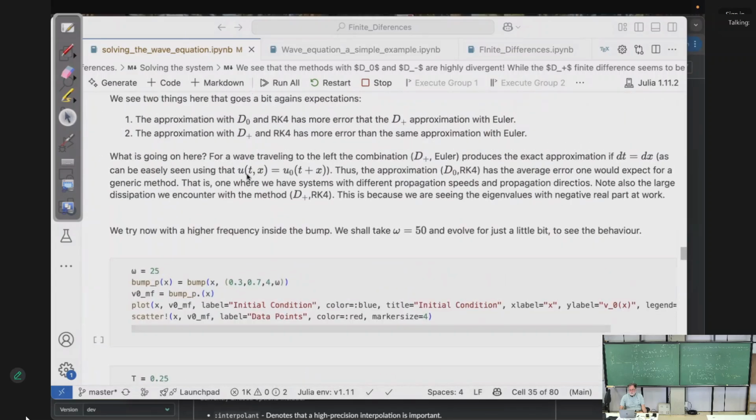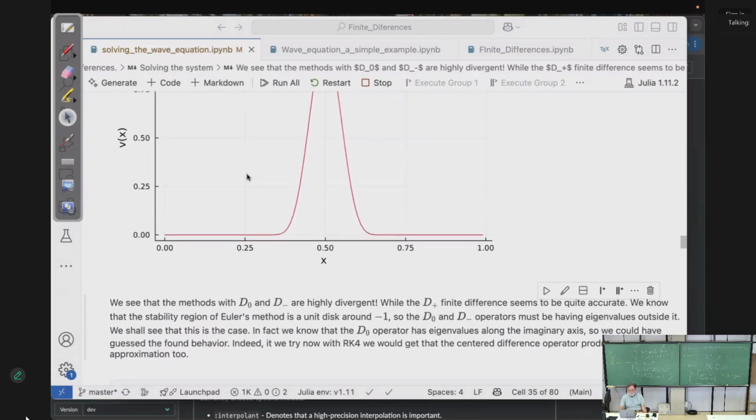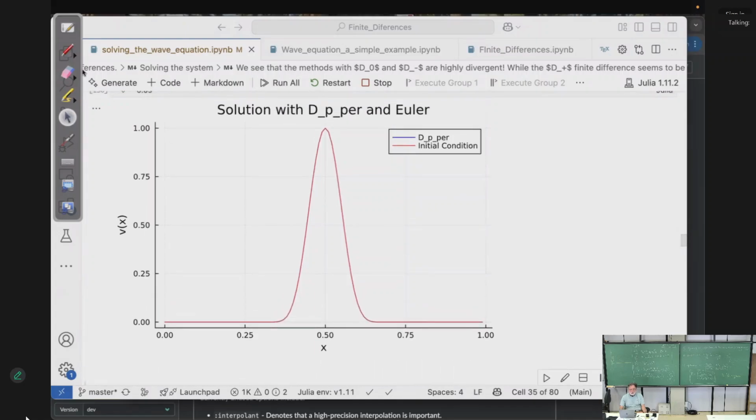No. Well, what happens is that the Euler thing will tell you that b_i^(n+1) minus b_i^n divided by delta t is equal to b_(i+1) minus b_(i-1) at n over delta x.